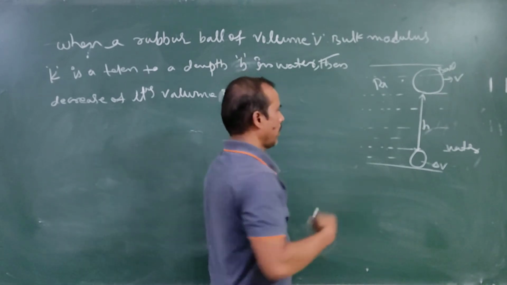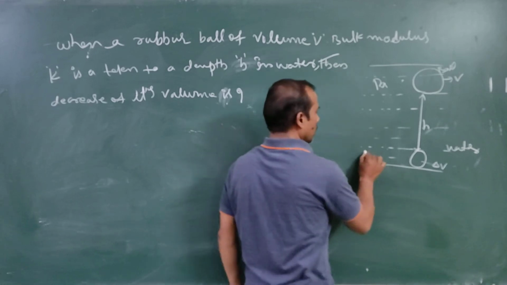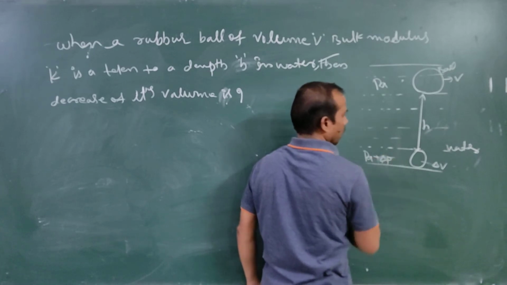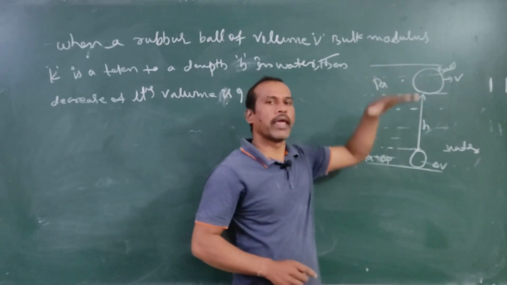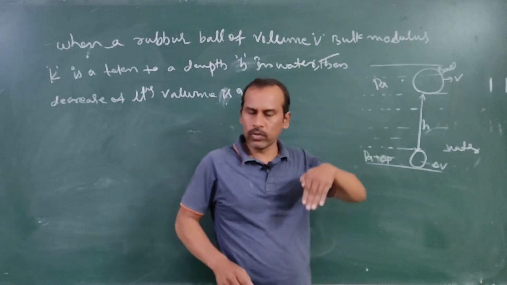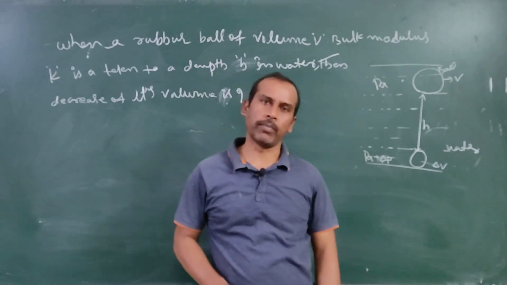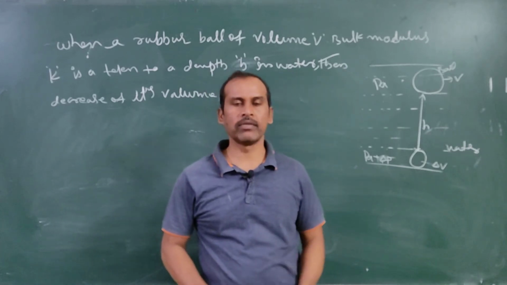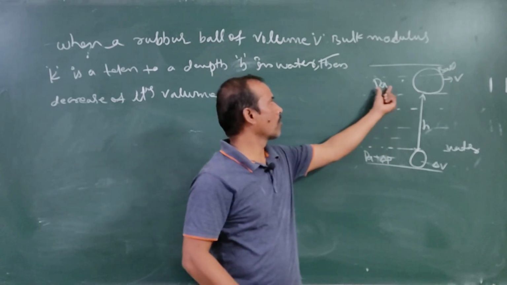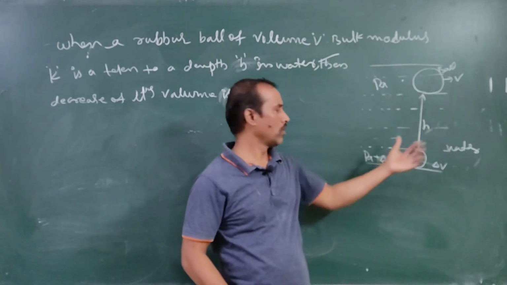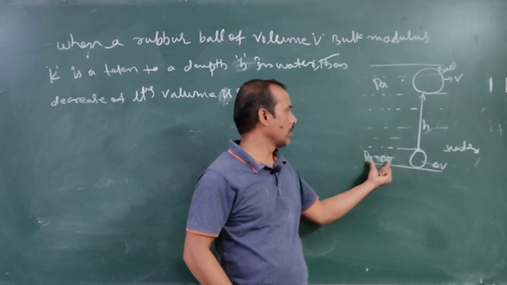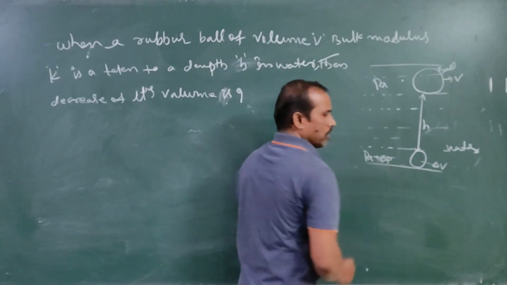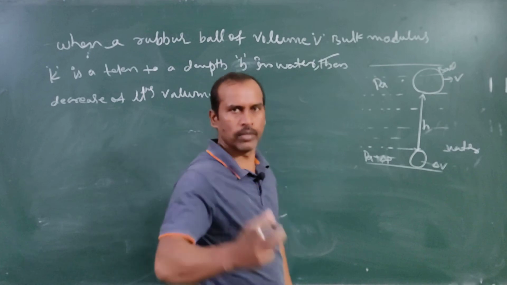The pressure inside the water is Pa plus delta P. The pressure increases as we go deeper inside; depth increases the pressure. Pa means atmospheric pressure at the upper surface of the fluid. Pa plus delta P is the pressure in the water. Here delta P means the increase in pressure.